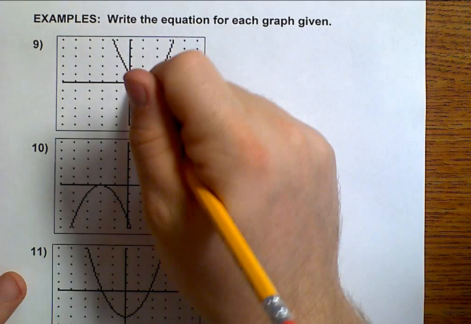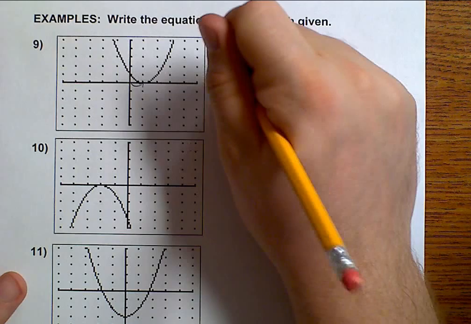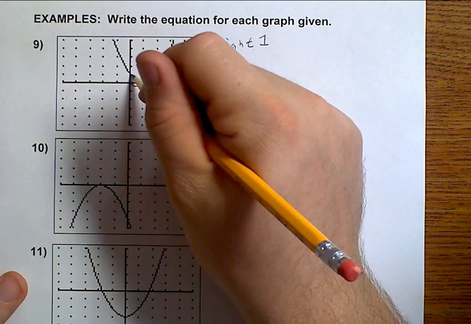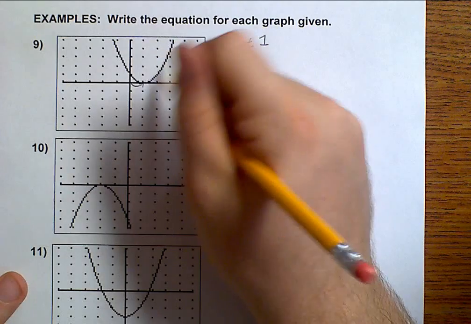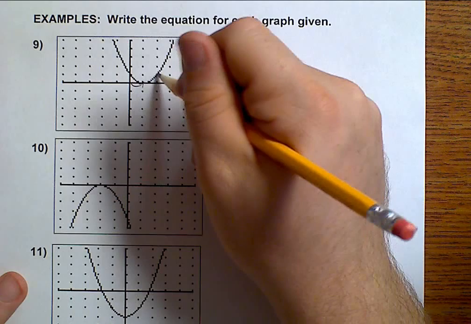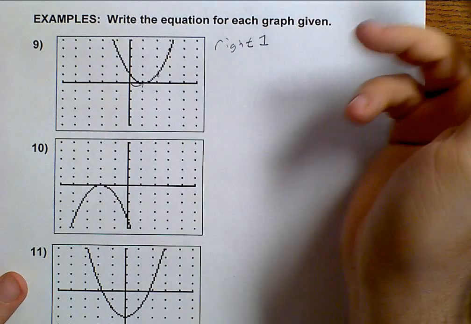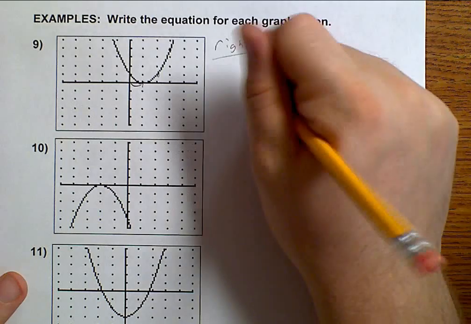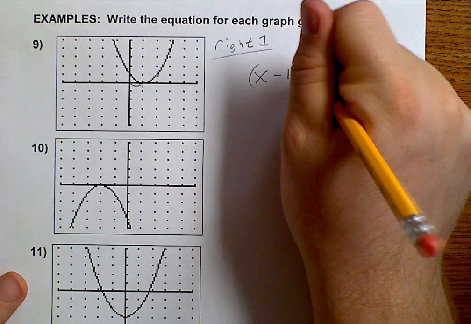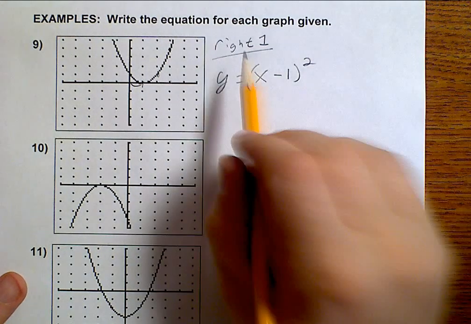So we look at this one. It has moved to the right by 1, and it's still opening at a reasonable amount. So all this did was move right 1. So this is going to be x minus 1 squared, because right means minus.